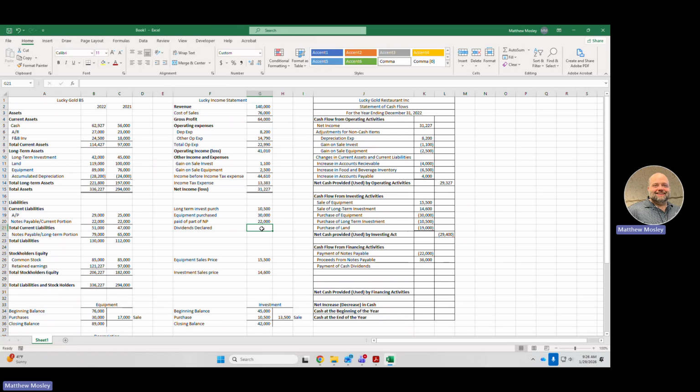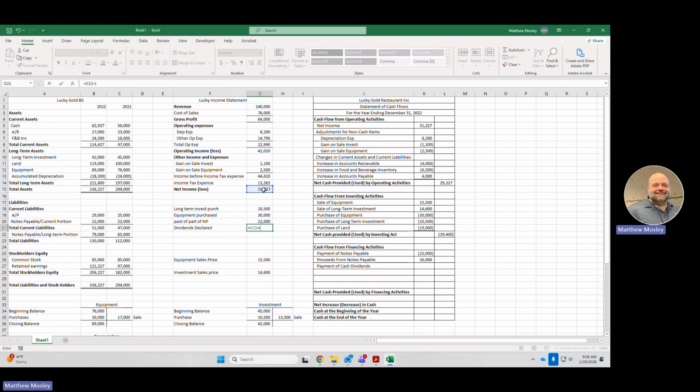And if you remember how we did this, right? We have our net income, right? And we are going to end up subtracting out the difference between the current total stockholder equity or retained earnings, sorry, and the previous year's retained earnings, right?